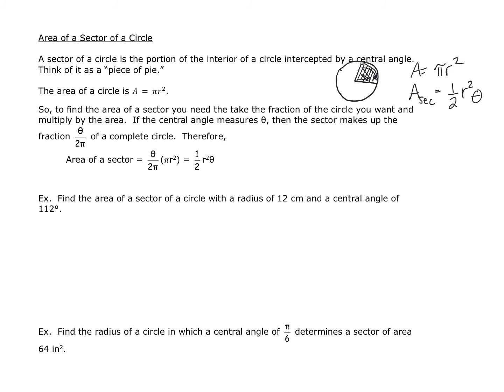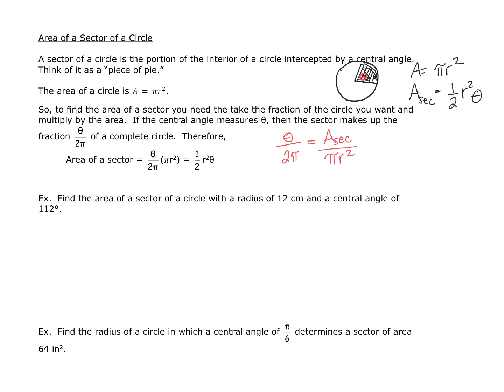Well, if our angle in here is theta, theta is to 2 pi, so theta to the whole circle is the area of the sector times the area of the whole circle, which is pi r squared.